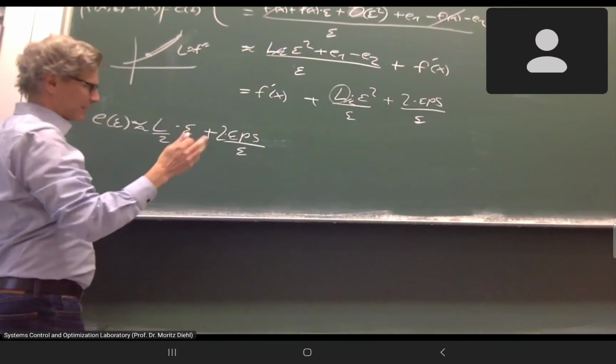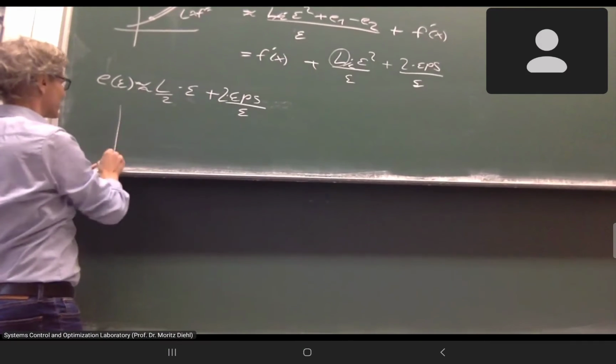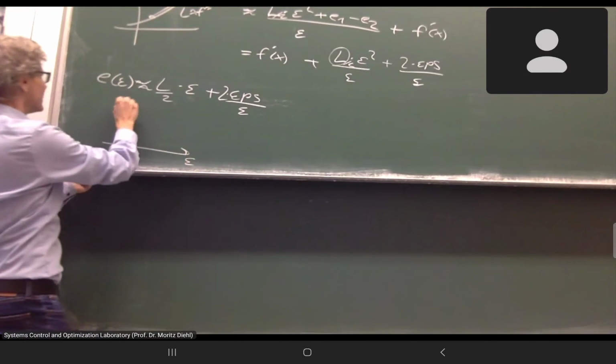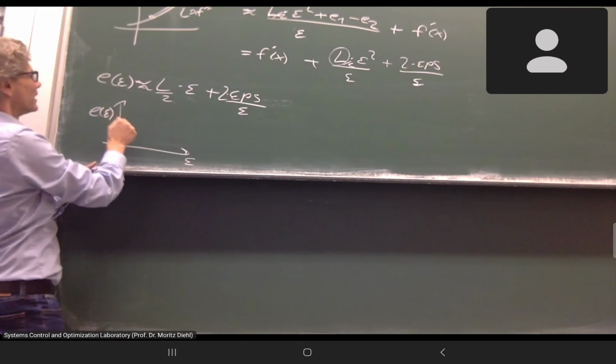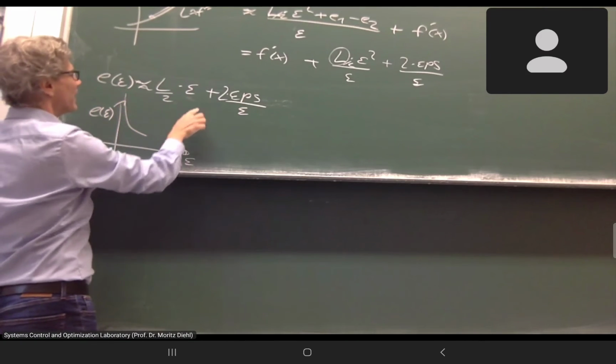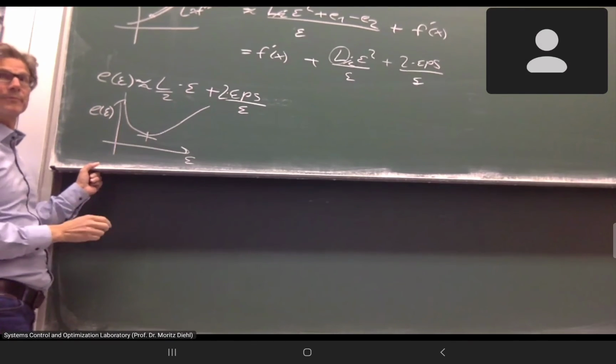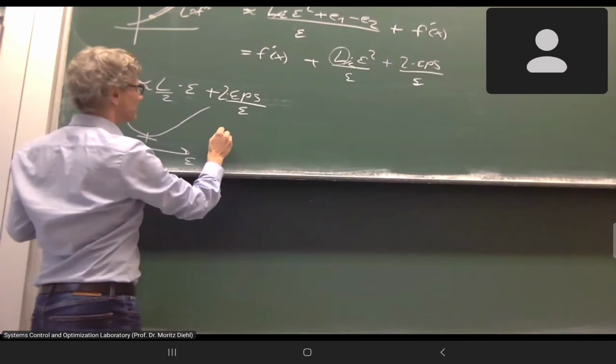These factors don't matter so much, but what is this function? You have epsilon here, and E of epsilon. It's a function which goes to infinity when epsilon gets small, and it grows linearly when epsilon grows. So it has a minimum somewhere. This minimum I can compute.